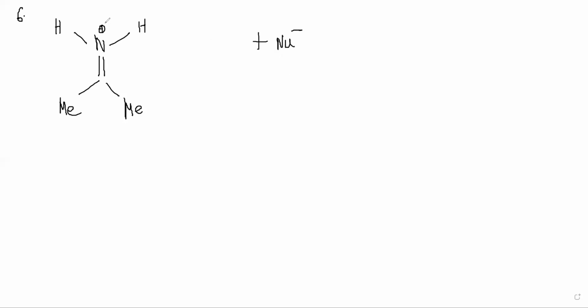So one spot is obvious, this one, the carbon. And the carbon, right? Because carbon will be delta positive because nitrogen attracts some of the electrons. So this carbon also it can act on. Is there any other chance, right? No.